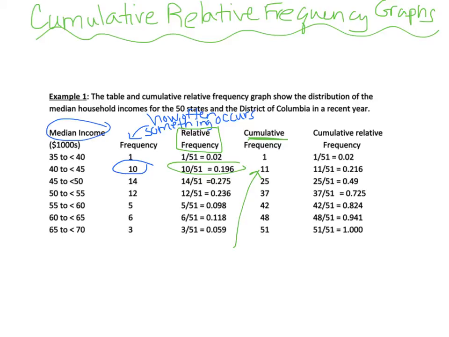It can also be like below 40,000, but it's below 45,000. So then the cumulative relative frequency is going to tell you what percent of things occur at or below 45,000. So that's what that is. So now let's go on to another thing.